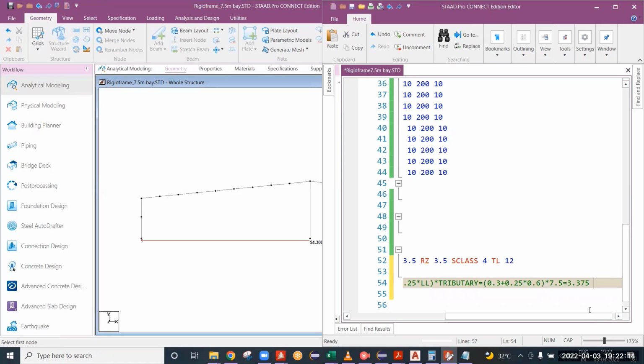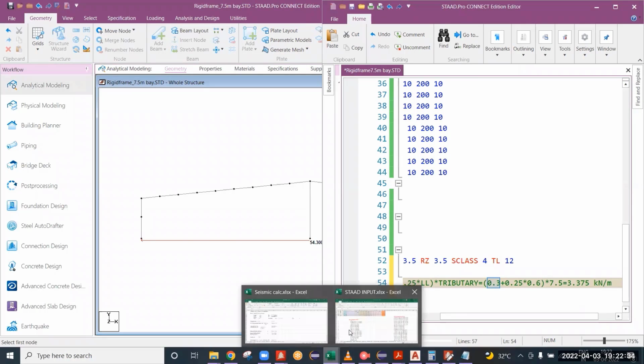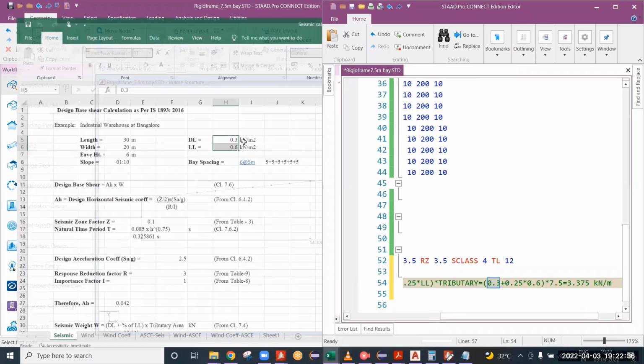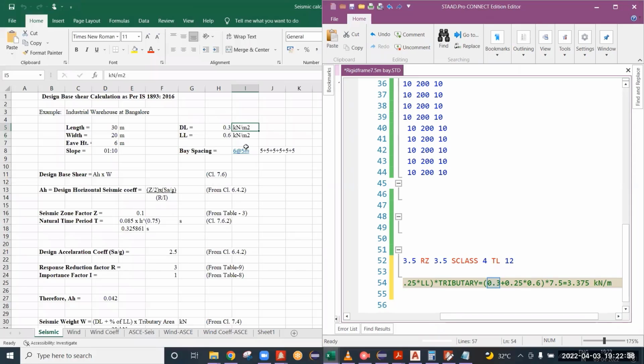If you observe, this will be in kilonewton per meter. Because what are the units for this? In our example, dead load is kilonewton per meter square, and live load also kilonewton per meter square. These are areal loads.